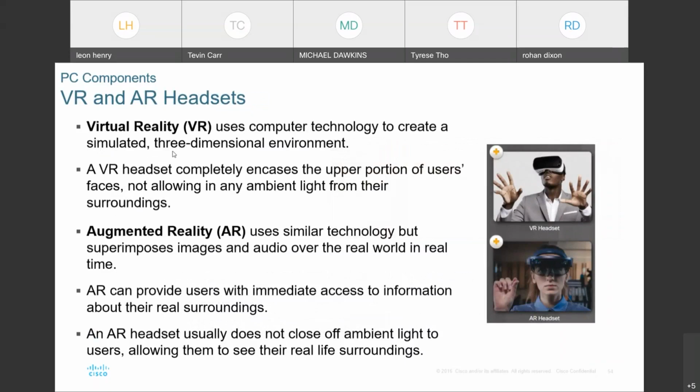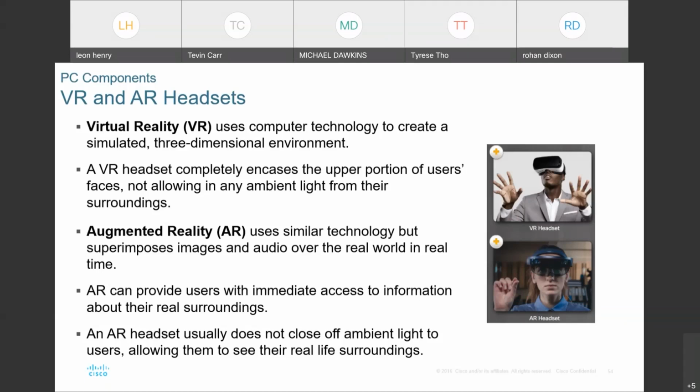All right, so let's talk about VR and AR headsets. Virtual reality uses computer technology to create a simulated three-dimensional environment. A VR headset completely encases the upper portion of the user's face, not allowing any ambient light from their surroundings.